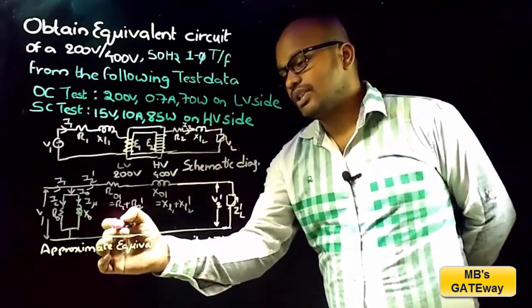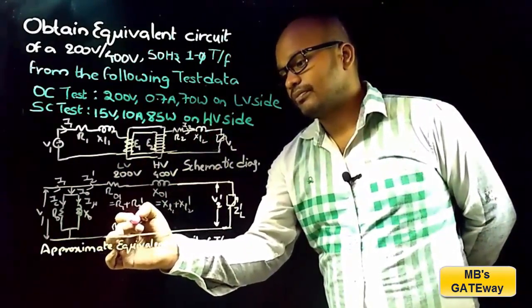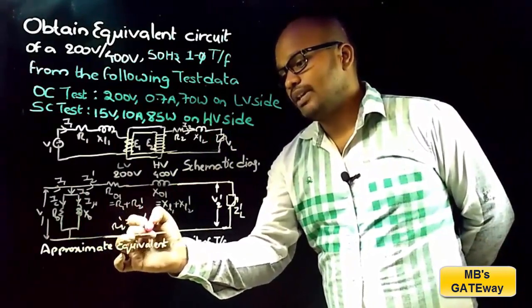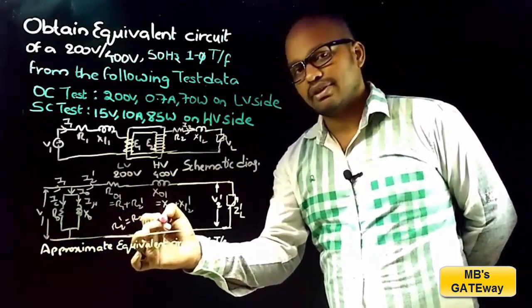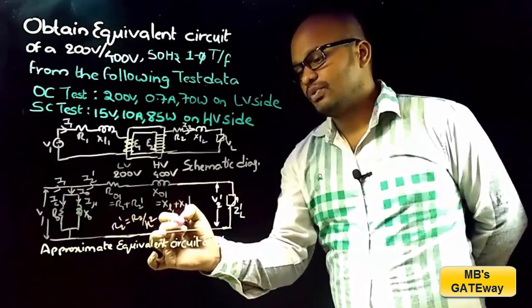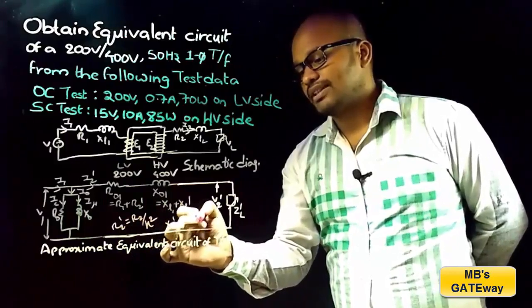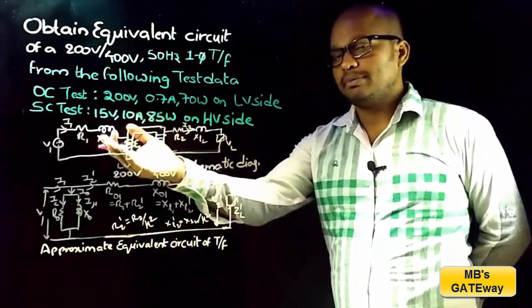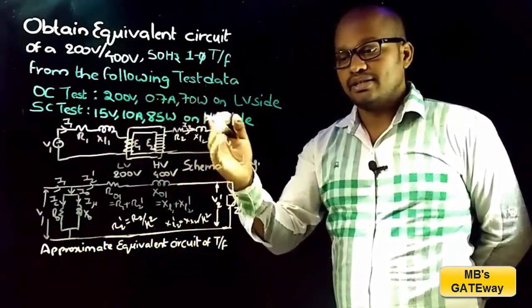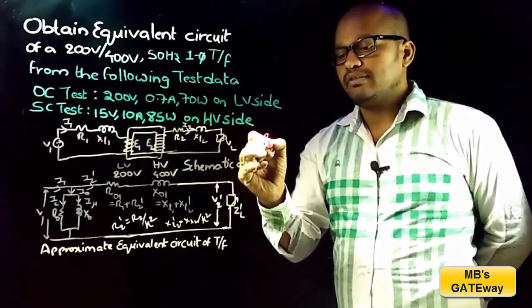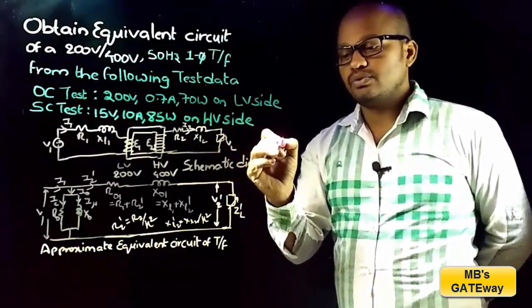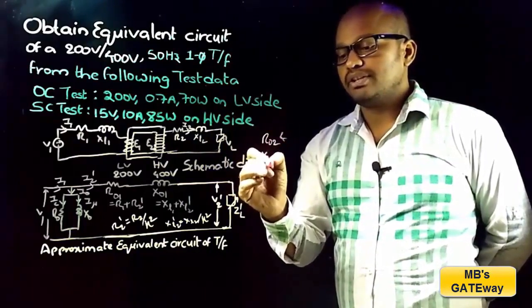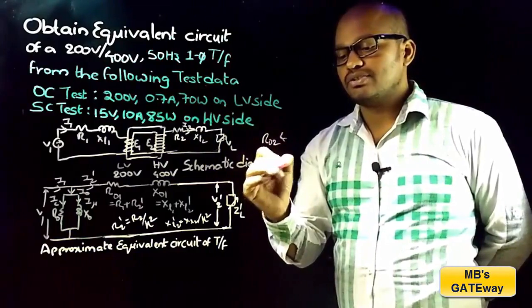So R2 dash is equal to R2 by K square, and XL2 dash is equal to XL2 by K square. And if you transfer primary parameters to the secondary side, then we get the equivalent resistance R02 and equivalent reactance XL02.